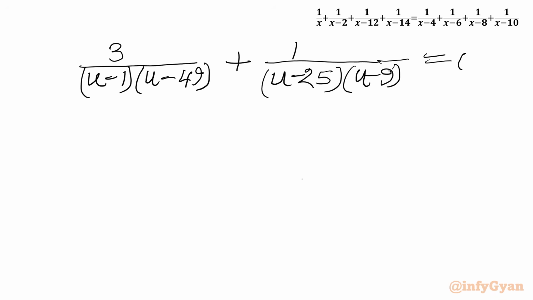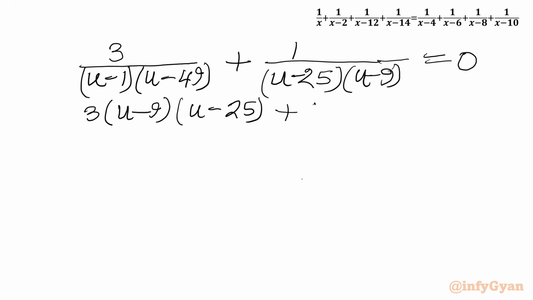equal to 0. We'll take LCM once again. So we can write 3 times u minus 9 times u minus 25 plus u minus 1 times u minus 49 equal to 0.